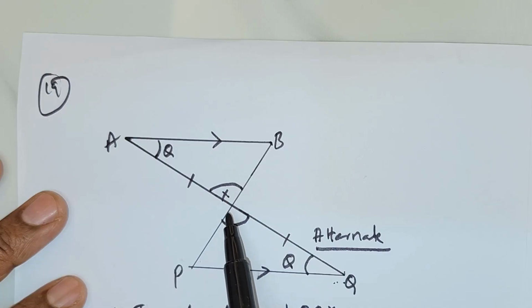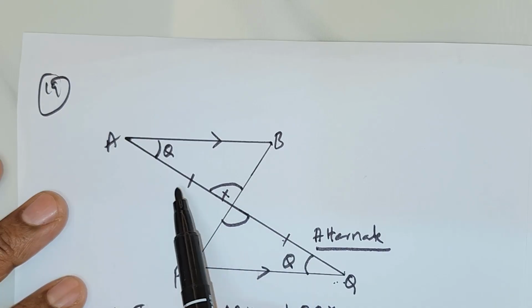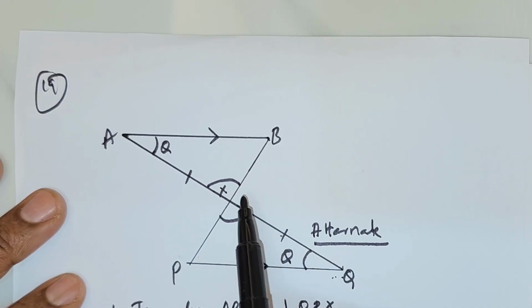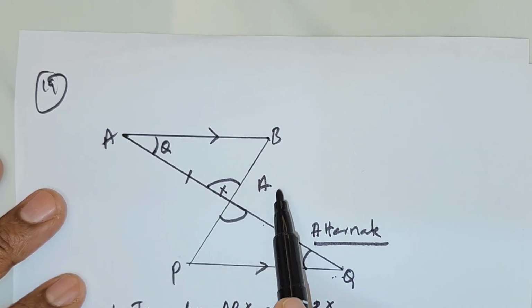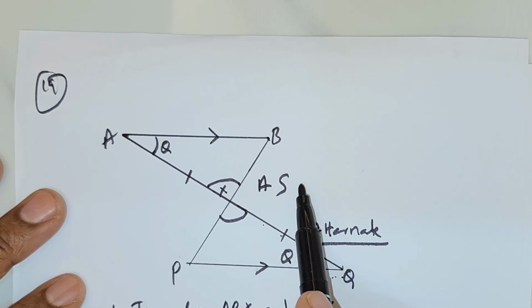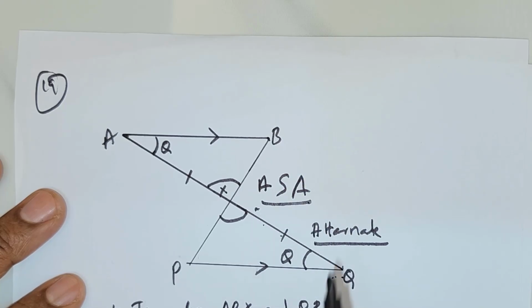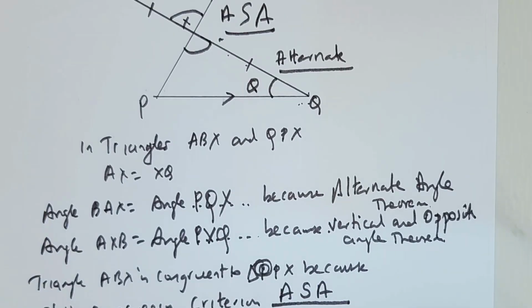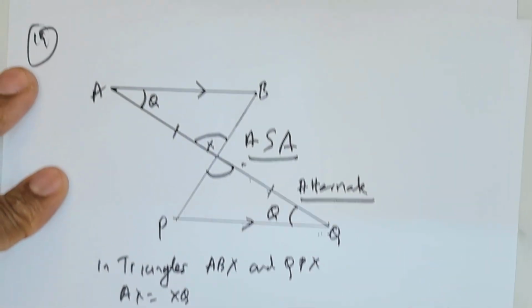The vertical and opposite angles are one and the same, the sides are same, and then I just mentioned theta and theta, they are also same. So by angle side angle, ASA, angle side angle criteria. So that's the solution for that question.